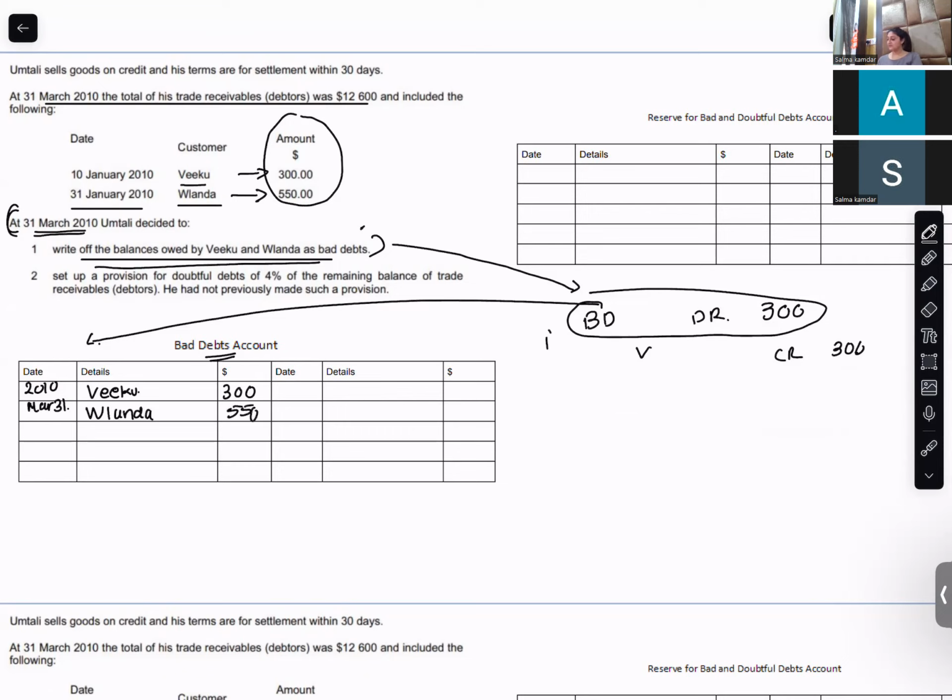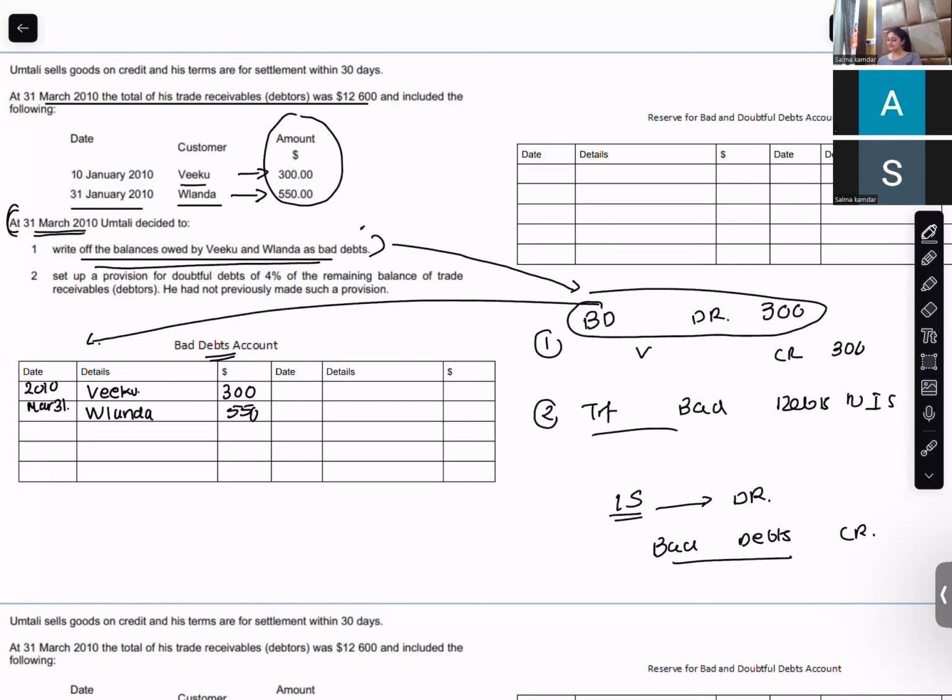This is the entry for bad debts. Then you transfer bad debts to the income statement. Whatever bad debts is over here has to go to the income statement. So income statement would be debited and bad debts would be credited. On the credit of bad debts, I will write income statement.